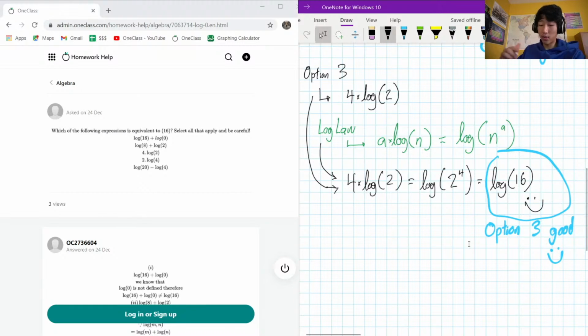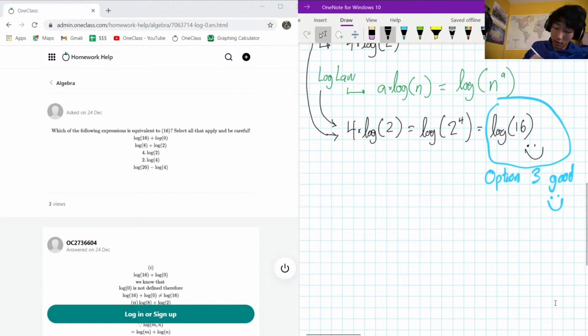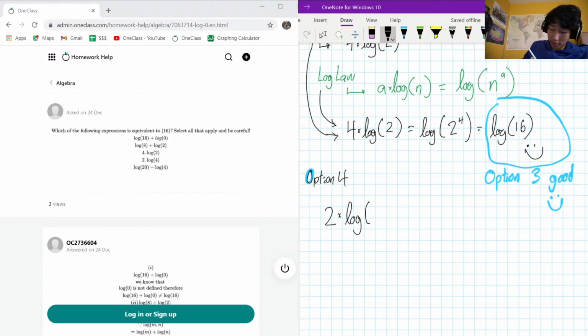Okay, cool. Now we can keep it moving to option 4, because we have to check through all of them with no exceptions. Let's go back to the black pen. We have 2 as a coefficient of log 4. We're going to use the exact same log law that we just used in the situation above.